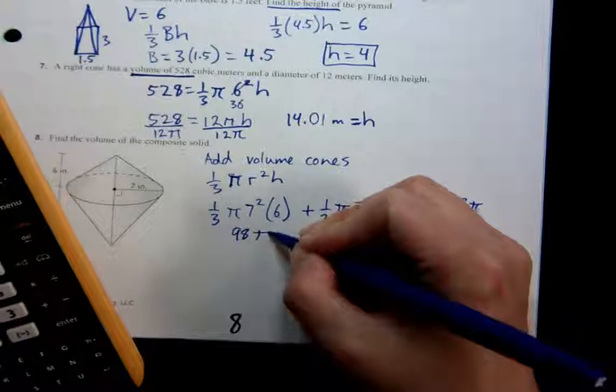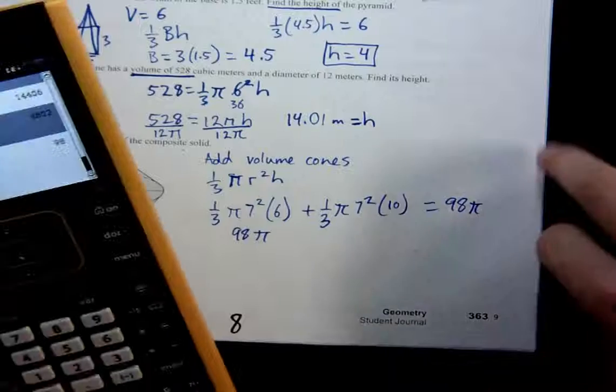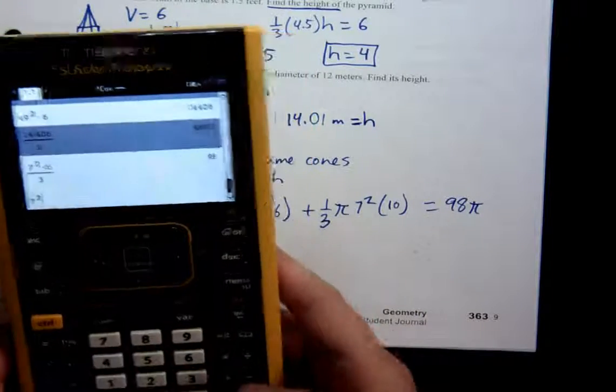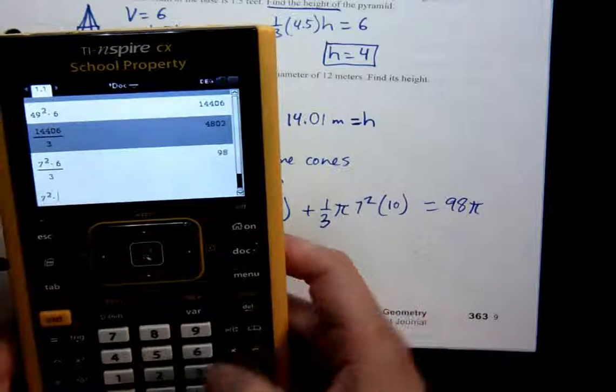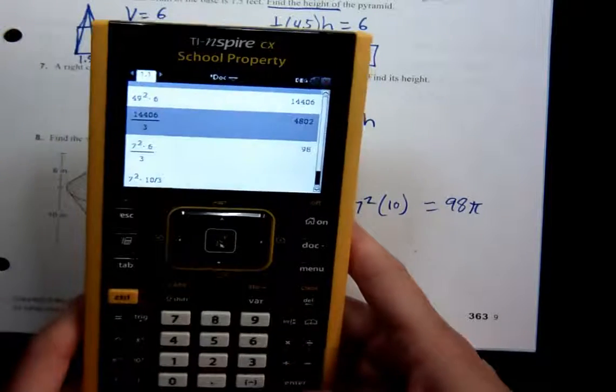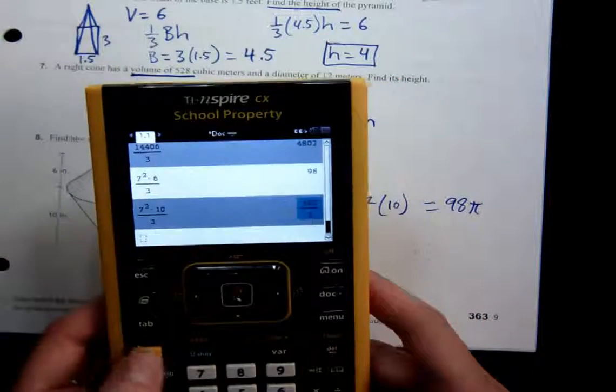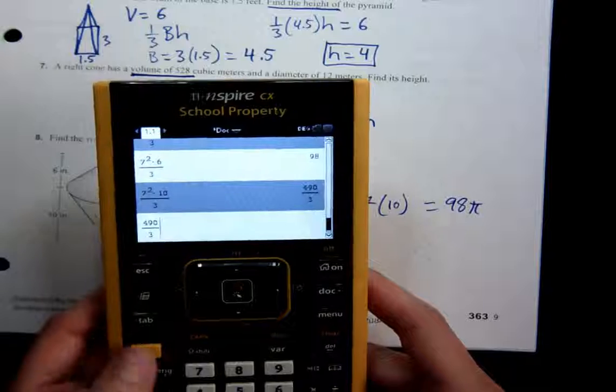Oh, that one's 98 pi. And then what's our second one? So then 7 squared times 10 divided by 3. And that one gives me a fraction that I'm going to put in decimal format.